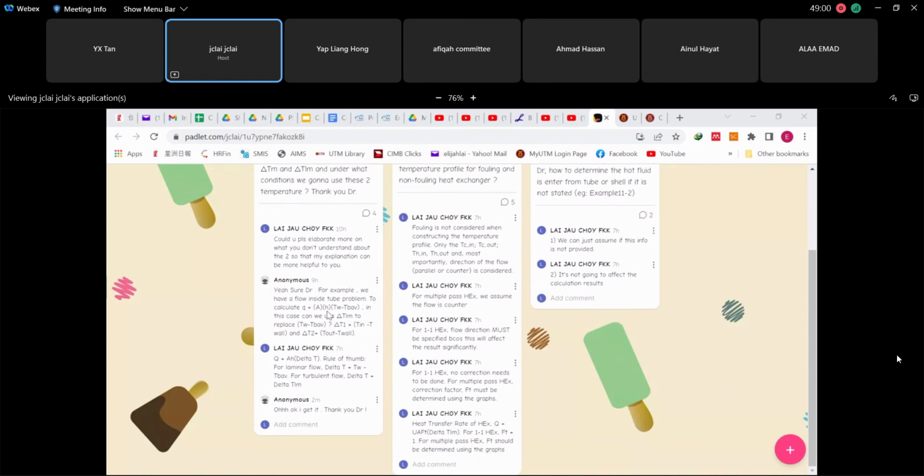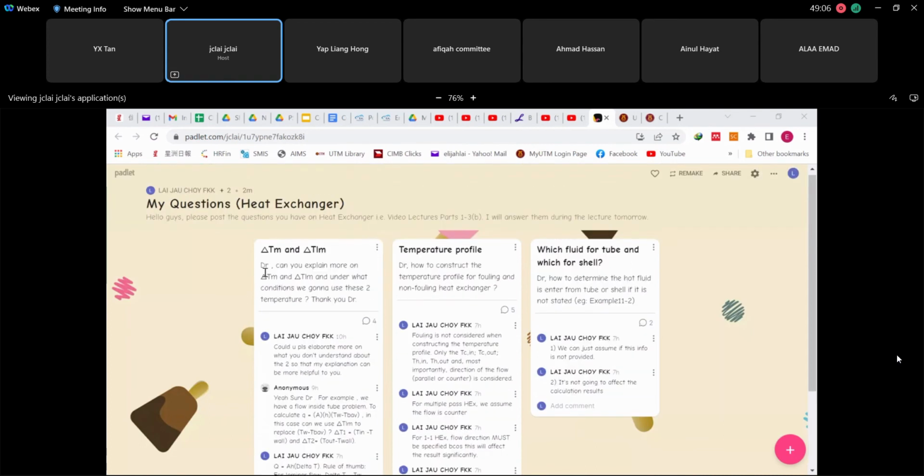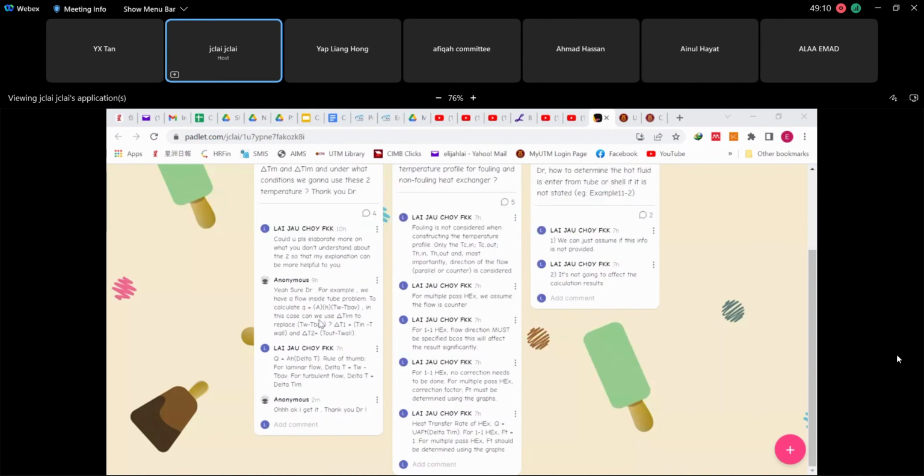For laminar flow, you use delta T mean, meaning TW minus TB average.